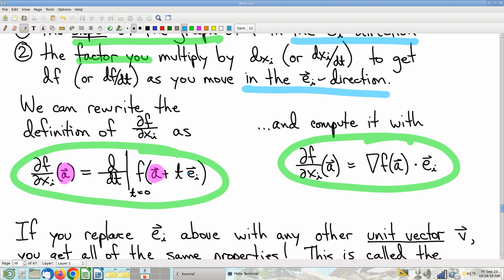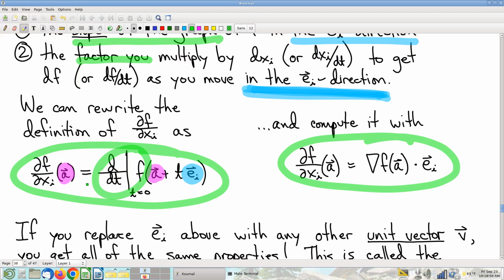This is a parametric line whose velocity is the vector that points in the direction of the axis of the variable that we're taking the partial with respect to. And then we look to see what is the rate of change of the function. So what is df dt? Again, old news: if we're moving with unit speed velocity given by this appropriate unit vector, the standard basis vector, then the partial derivative gives you the rate of change of the function.